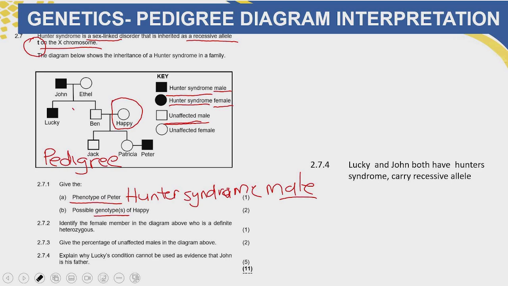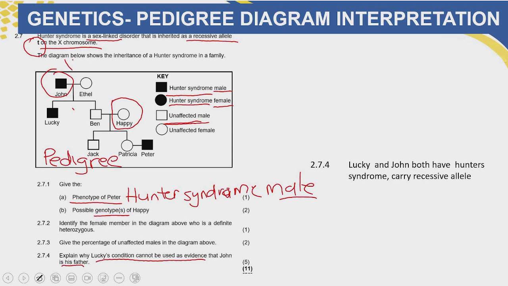Then for 2.74, it says why Lucky's condition cannot be used as evidence that John is his father. If you look at John, John is a male who has Hunter's syndrome.